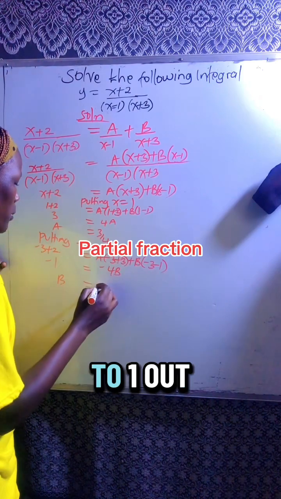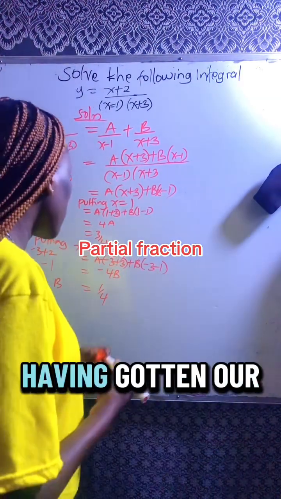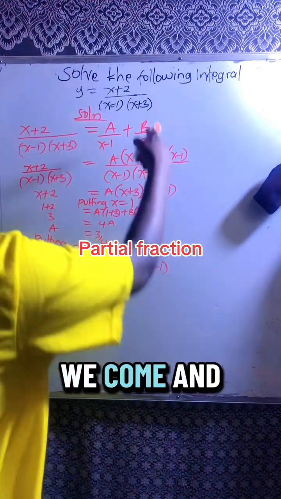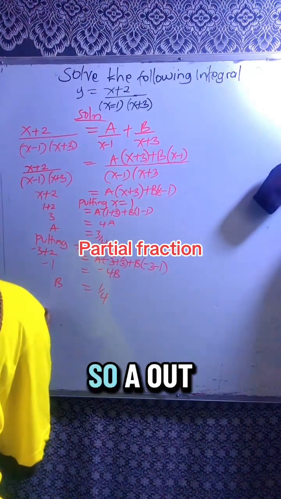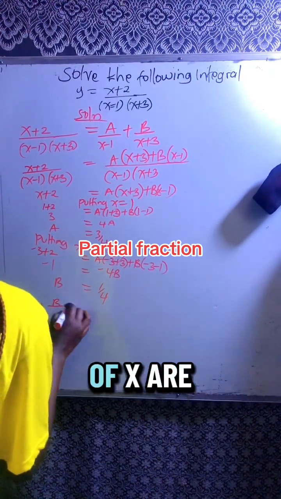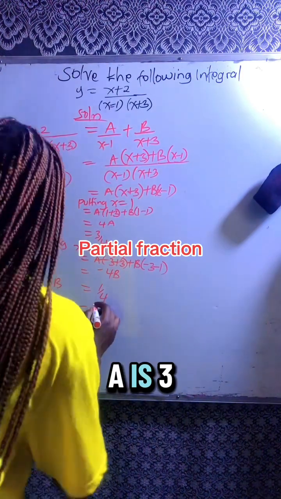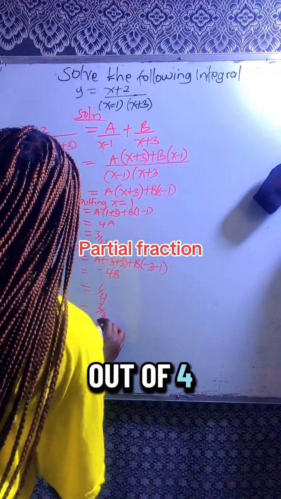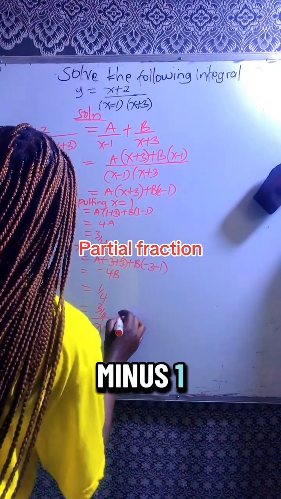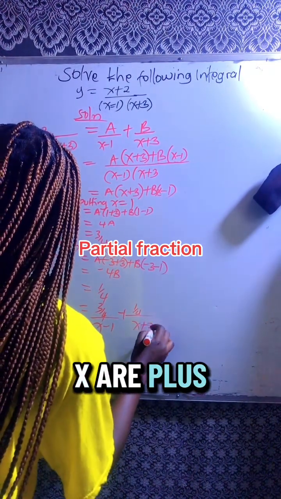B is equal to 1 out of 4. Having gotten our values of A and B, we substitute back: A out of (x - 1) plus B out of (x + 3) is 3 out of 4 out of (x - 1) plus 1 out of 4 out of (x + 3).